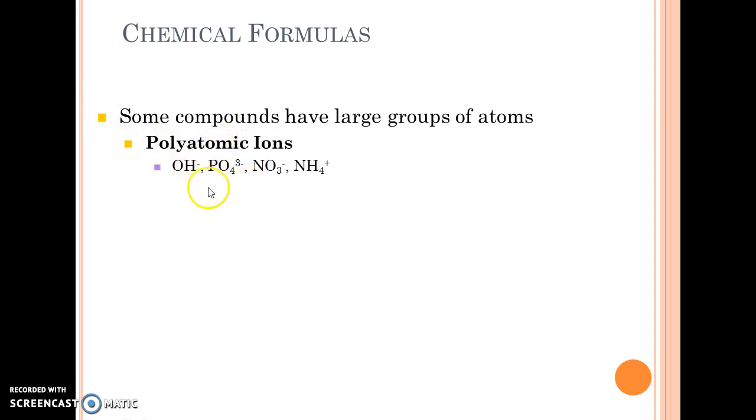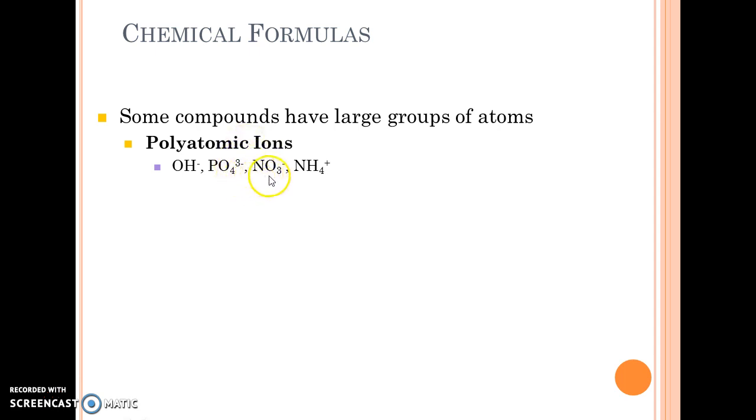Here we have phosphate, the phosphate ion, where we have 1 phosphorus and 4 oxygen atoms. Here we have a negative 3 at the top to indicate phosphate's charge. Now this negative 3 indicates that we have 3 extra electrons. So this negative symbol here can also mean electron.